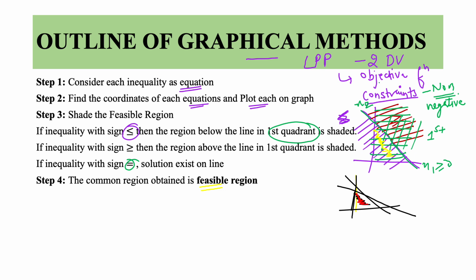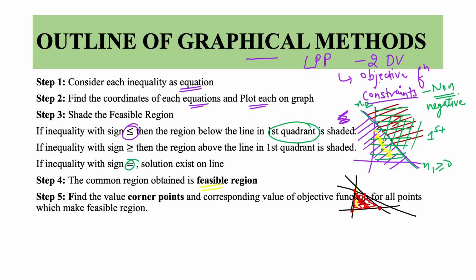So this region is my feasible region. Next we have to find all the corner points of this feasible region, where the objective function will be evaluated. Here I have 4 corner points: O, A, B, C.